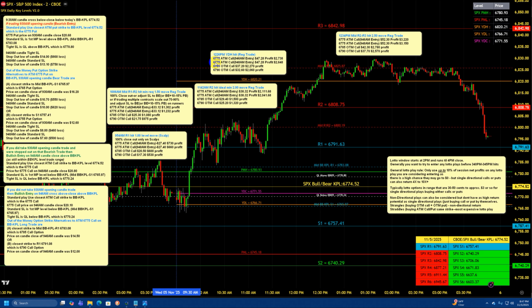The 67.75 at the money on this entry is 47.28 on this candle close, $2,738 profit. On this other scenario, it's only $2,648 profit. The 67.85 out of the money call, 37.20, so that's $2,270 profit per option. The furthest out of the money, 67.90, $32.60, so that is $2,060 profit.